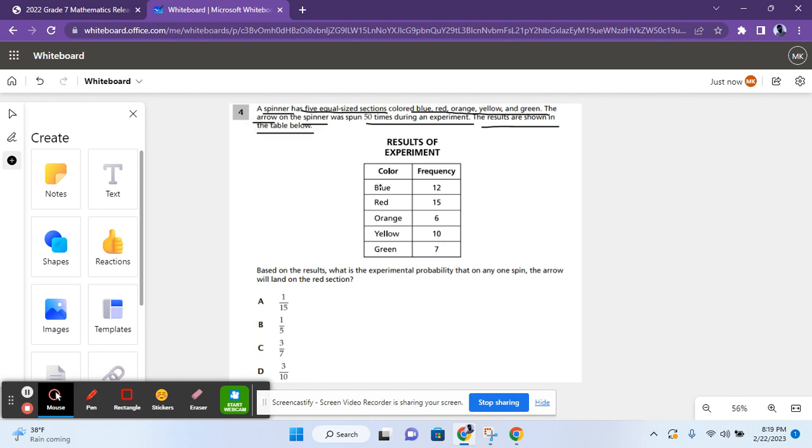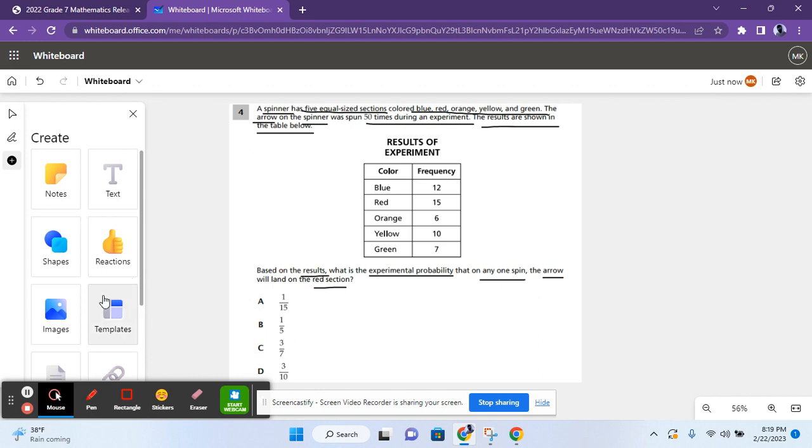So this is the table. It tells you the color, and it tells you how many times the section was landed on. So based on the results, what is the experimental probability that on any one spin, the arrow will land on the red section?